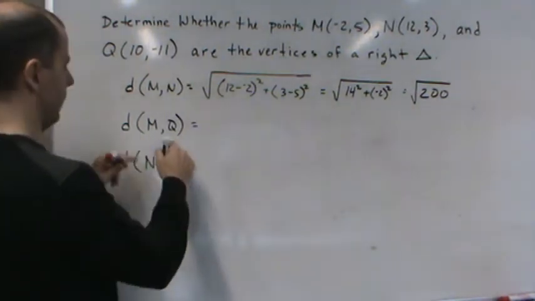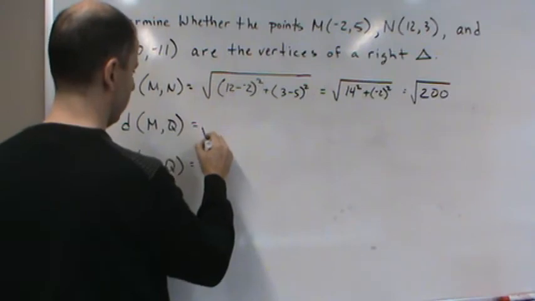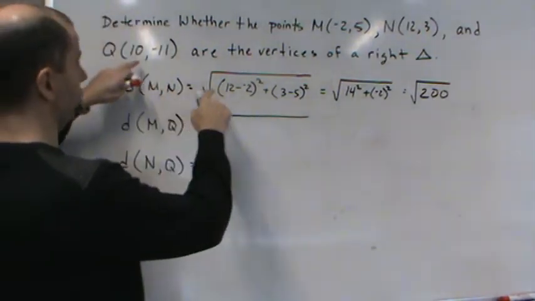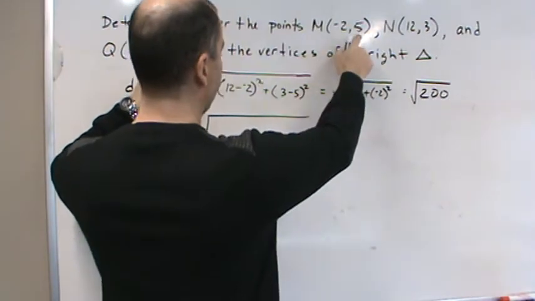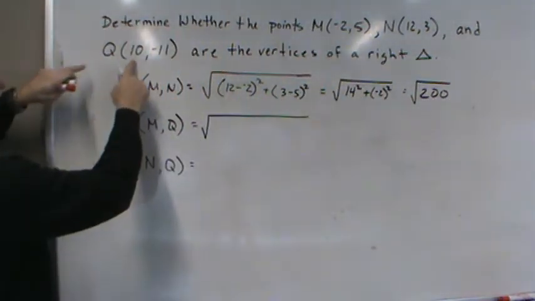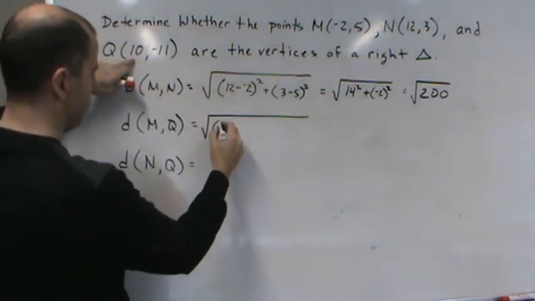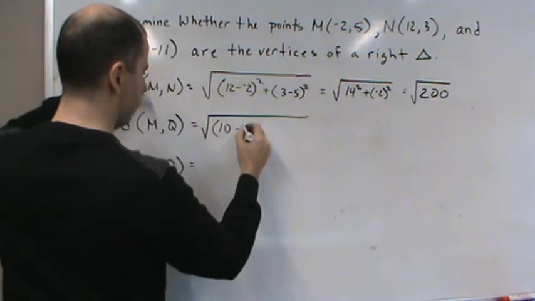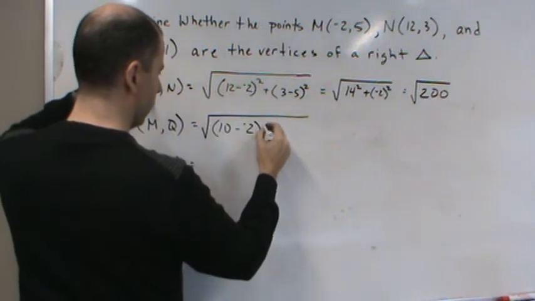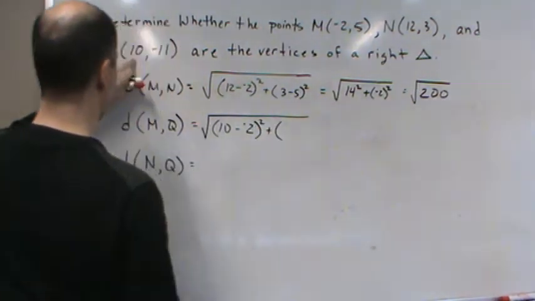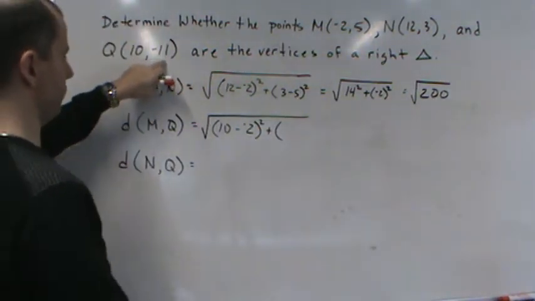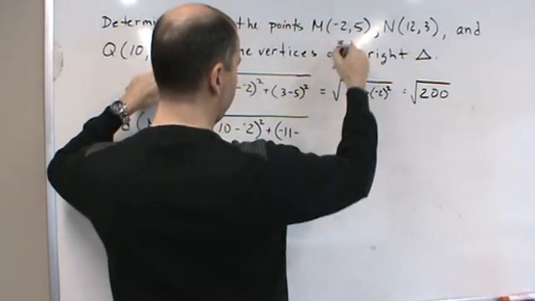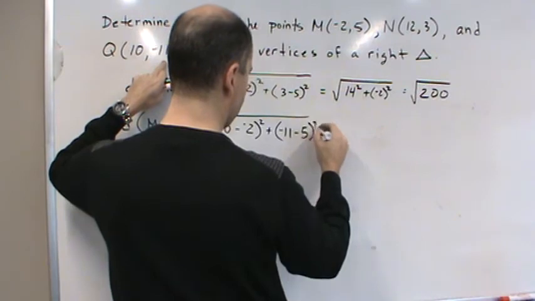Now let's do MQ. So the distance between M and Q, this is where you have to make sure you do x minus x. So this is going to be 10 minus negative 2 squared plus, now we're going to do the y, negative 11 minus 5 squared.